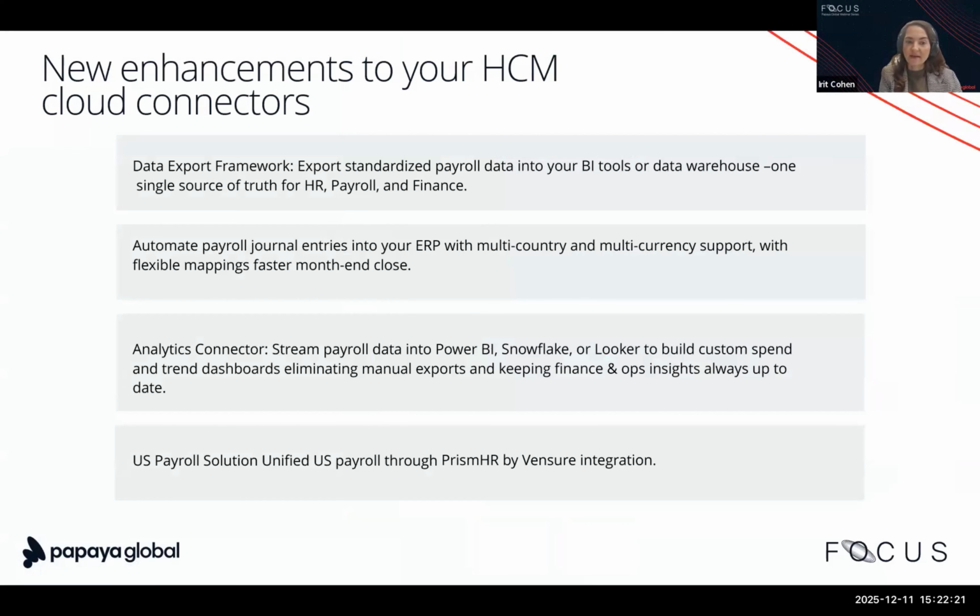So we have created a new framework called Data Export, which enables you to create custom reports and then schedule sending them through an external SFTP that you can set up self-serve. So our customers are also in charge of how the data is being exported, when and where. So that's the first option.